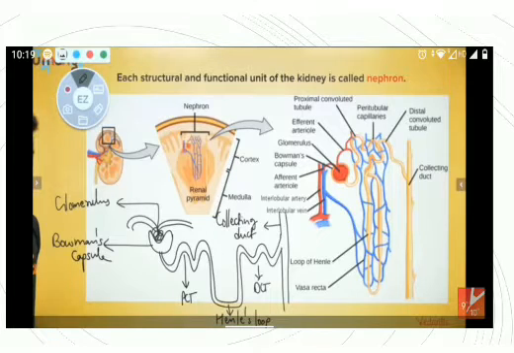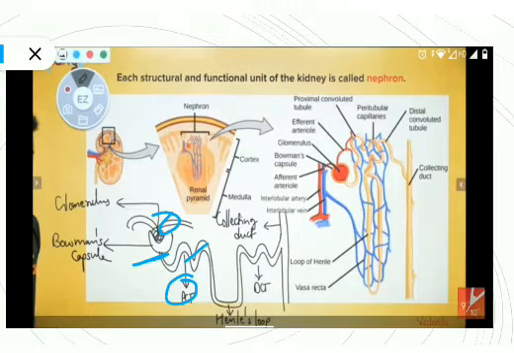This is the glomerulus. And this cup-shaped organ is called Bowman's capsule. This tubule is called PCT, which means proximal convoluted tubule. This is Henle's loop, a U-shaped tube. This is DCT, the distal convoluted tubule.